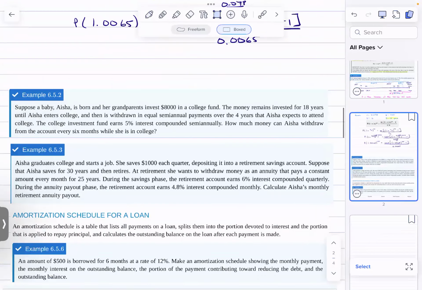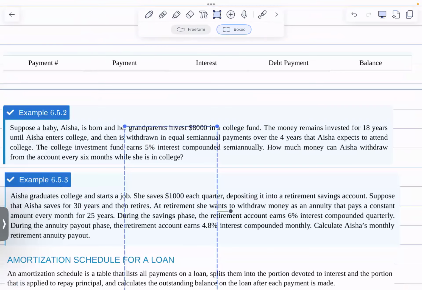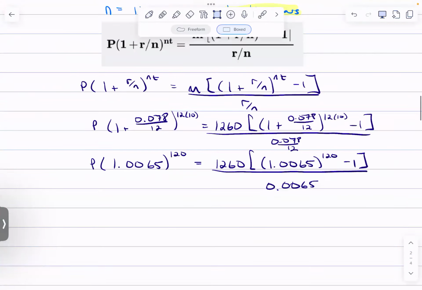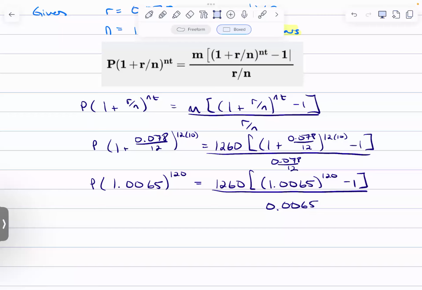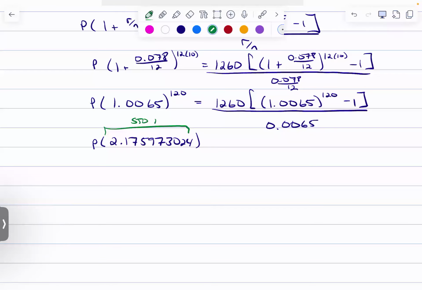Let me move these other examples down here. 1.0065 to the power of 120. You should get P times 2.175973024, which I'm going to store in A for later.